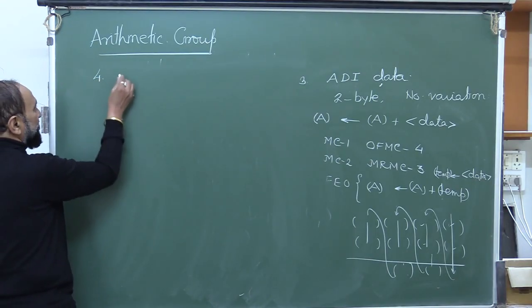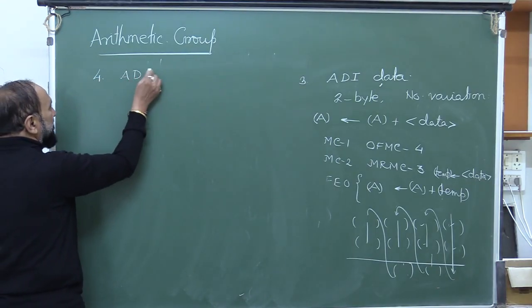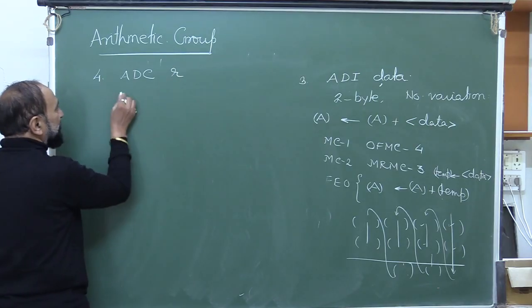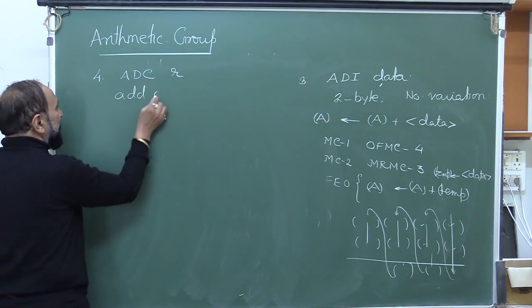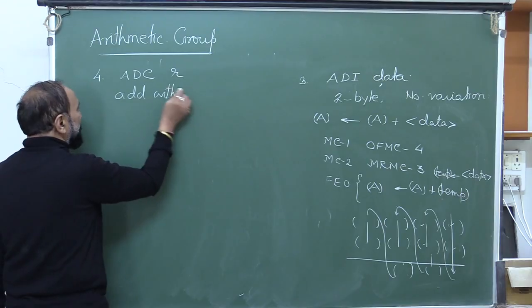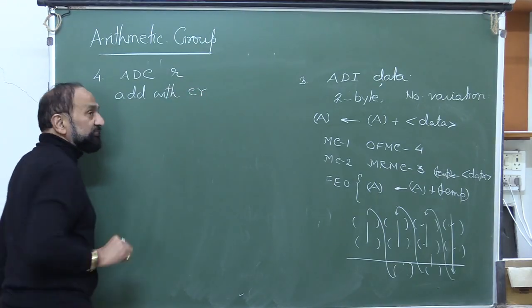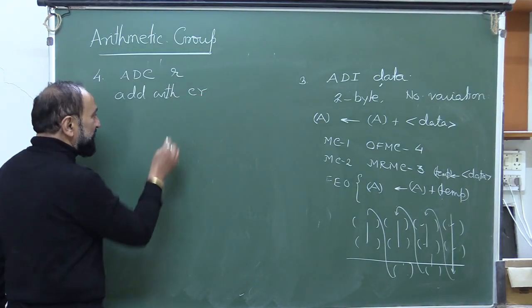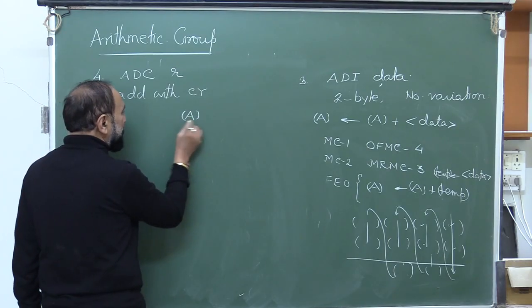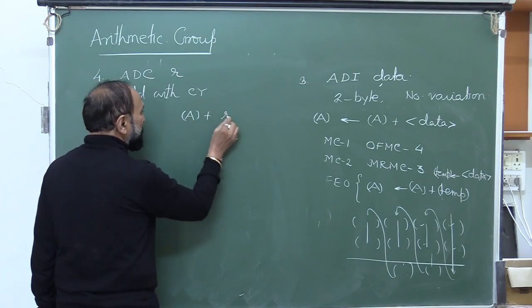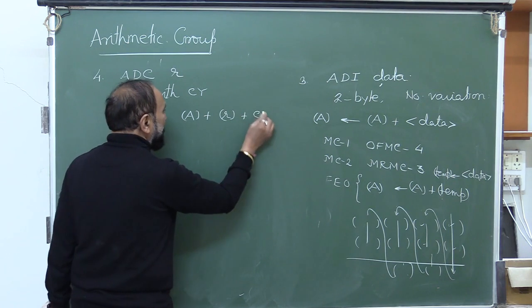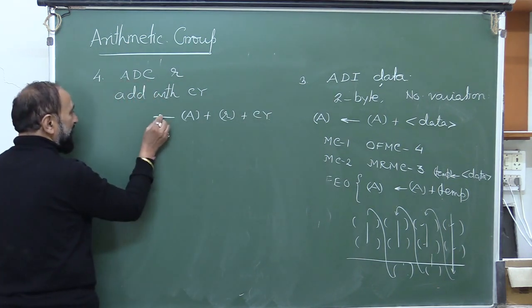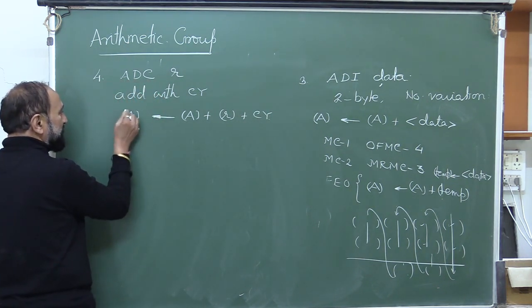And the first instruction of this type is ADC R, meaning add with carry. So accumulator is added with the register R and the previous carry, and the result is stored in accumulator.